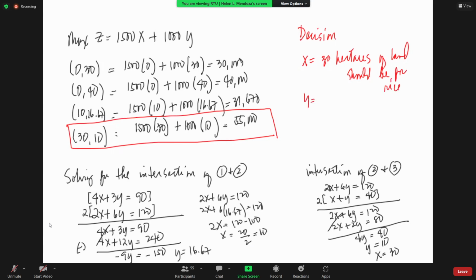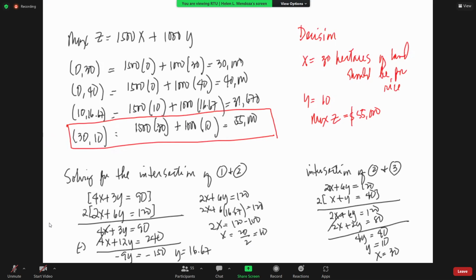Y is 10, the farmer should be considering 10 hectares for planting corn. Maximize Z is $55,000. Any question now?